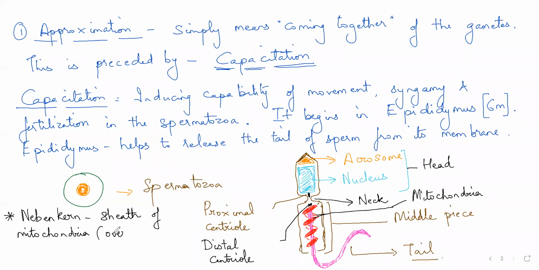This sheath is present over the axoneme, right?